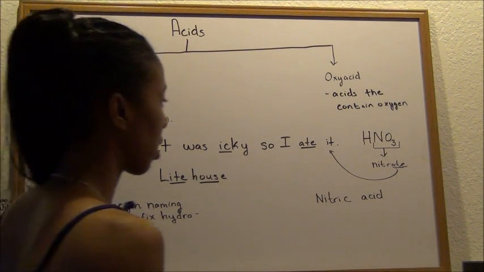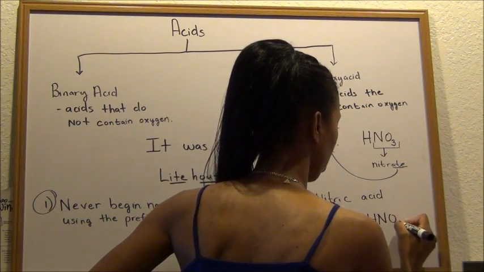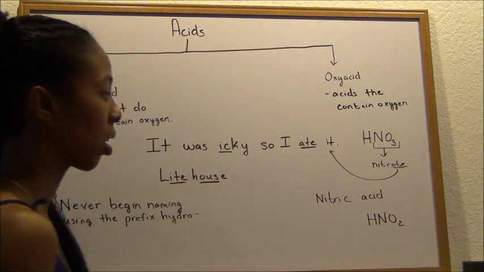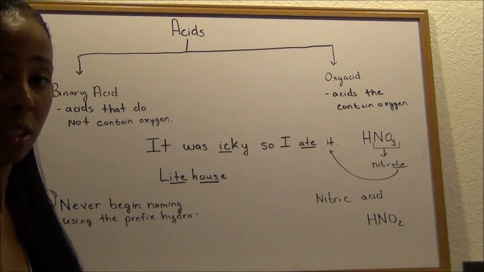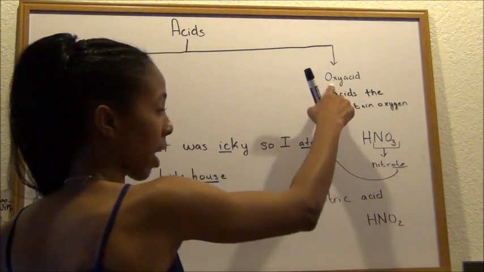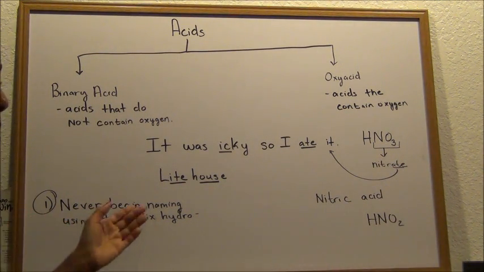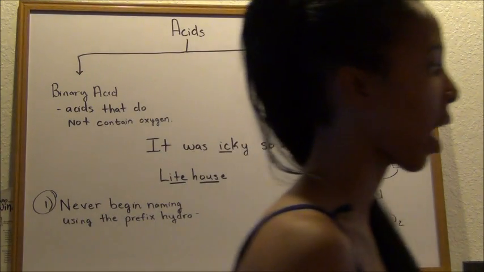Now what if we had HNO2? Well, we would do the same thing. HNO2, we would know because of the O, it's an oxyacid. So we know we're not going to begin naming using the word hydro.